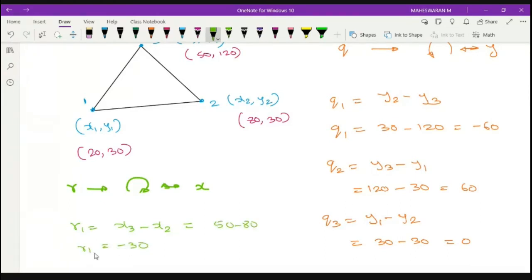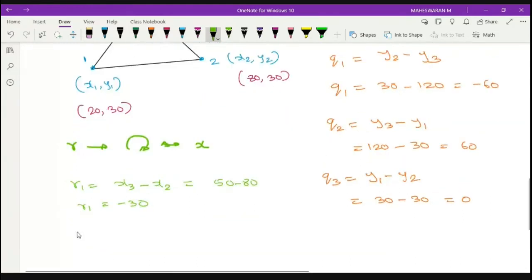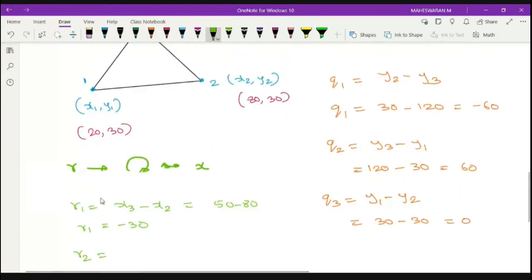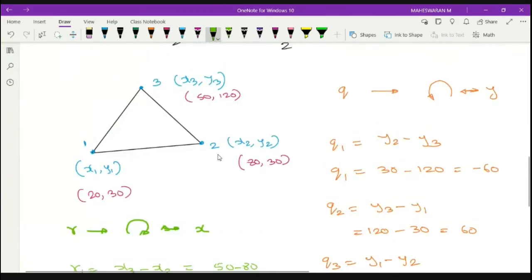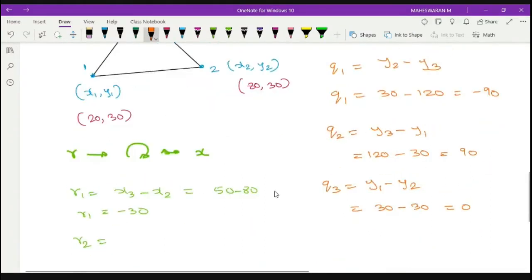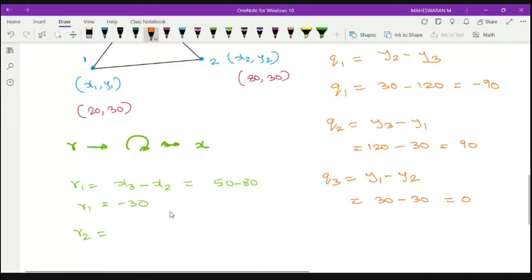And this is my R1. Sir, the earlier two values, 120 minus 30, are 90 and 90. Sorry, this is 90 and this is also 90. So this is minus 30.